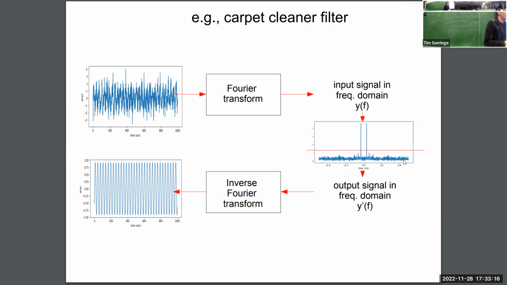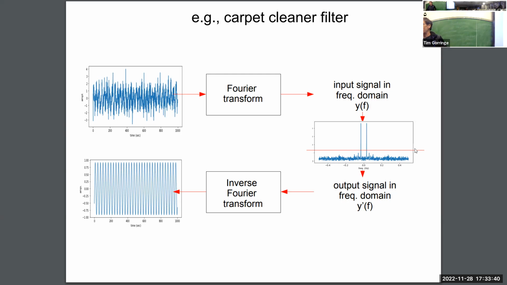Or you could say, well, I'm only going to keep bins in my frequency domain that have a signal above a certain threshold, a certain minimum amplitude. So this cut here is not a frequency cut. It's an amplitude cut in the frequency domain.